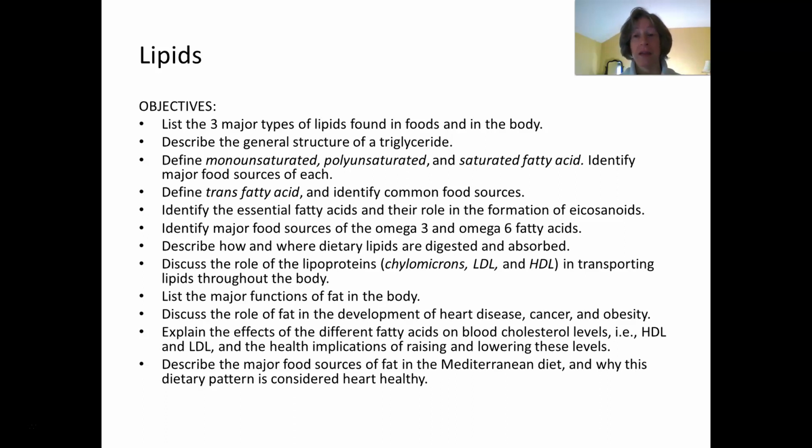And high amounts of LDL cholesterol are associated with higher risk of heart disease because you're depositing more cholesterol in the arteries throughout your body. HDL particles, the high density lipoproteins, do the opposite of what LDL particles do.